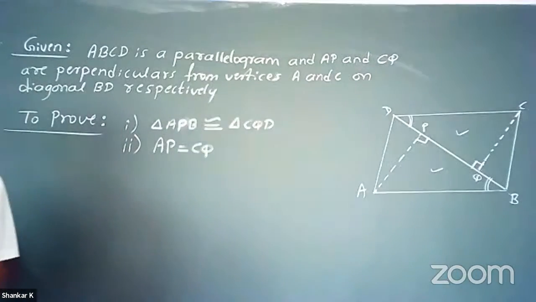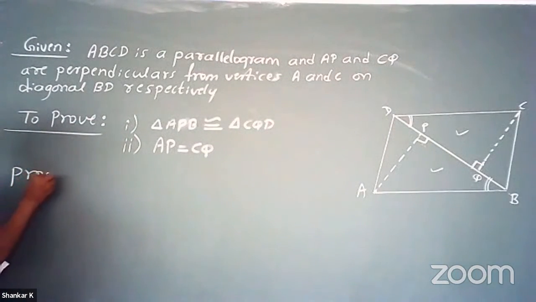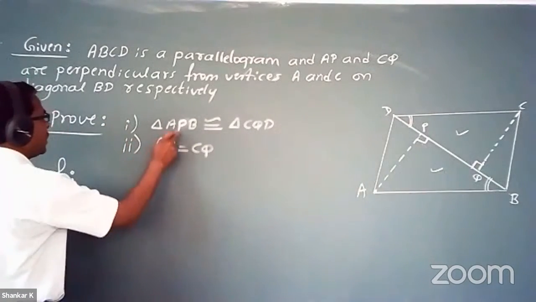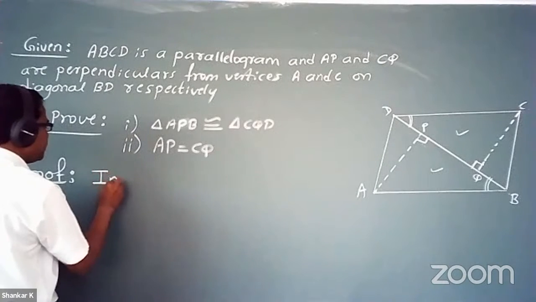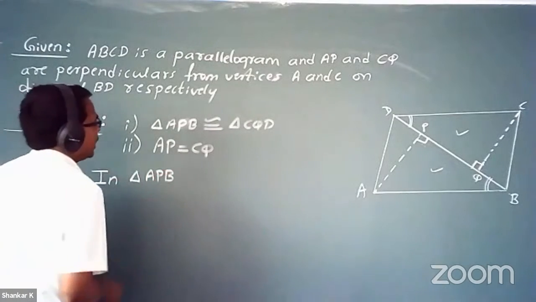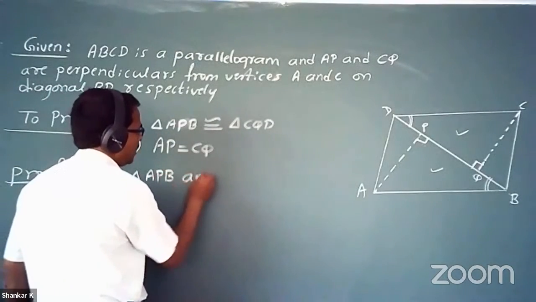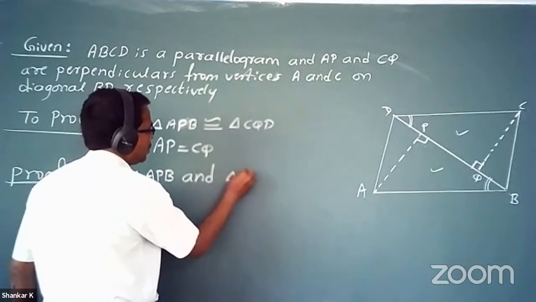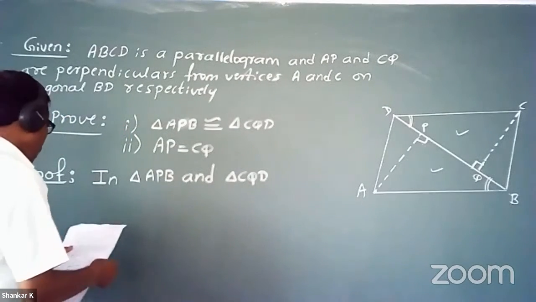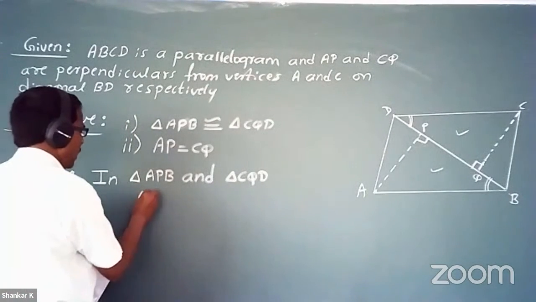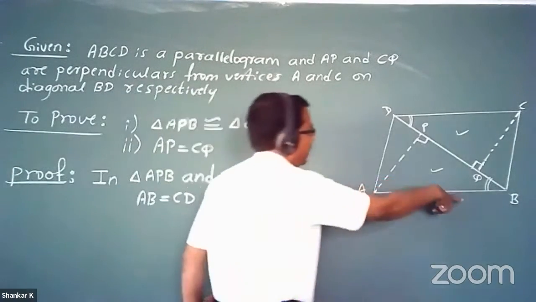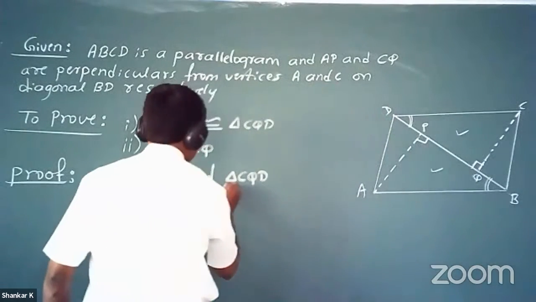Okay. Now proof. This is simple. First you should write in which triangle you are talking. In triangle APB and triangle CQD, which parts are equal? AB equal to CD. Why?